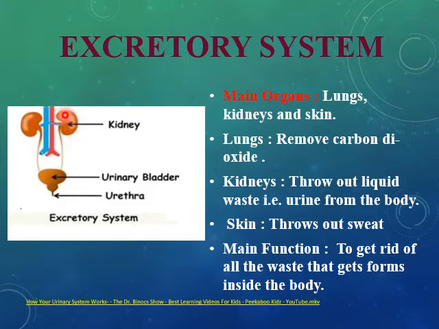Okay, and these kidneys keep the blood clean by throwing out the waste material in the form of urine. And these kidneys clean our blood by throwing the waste material in the form of urine.